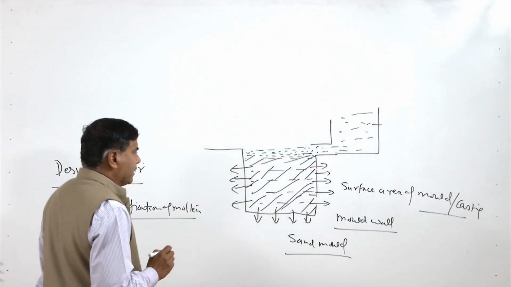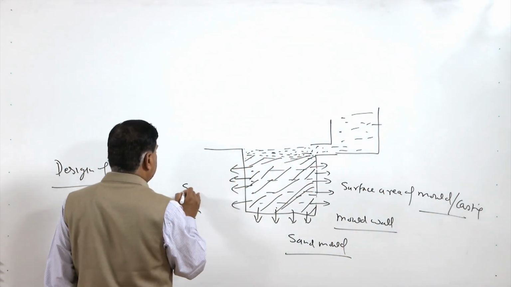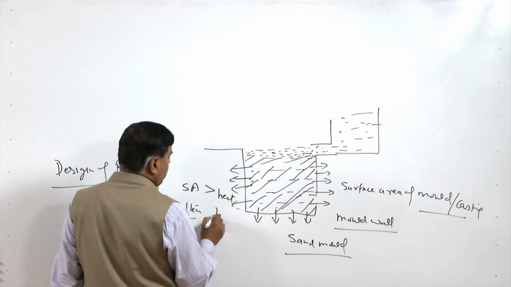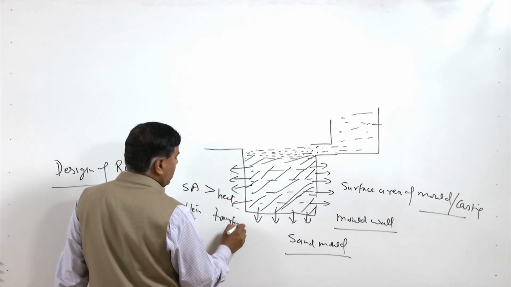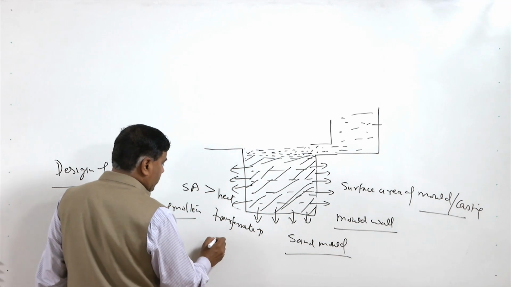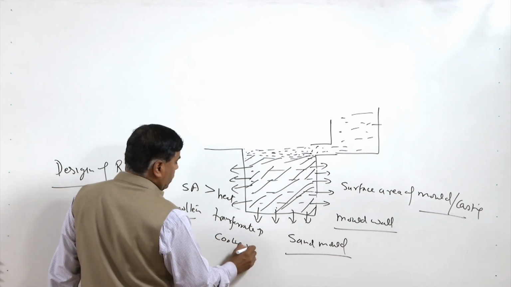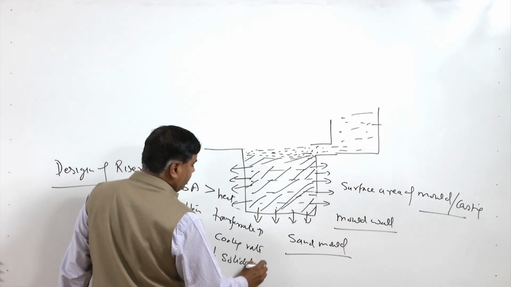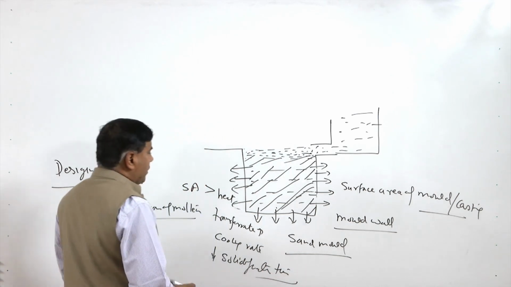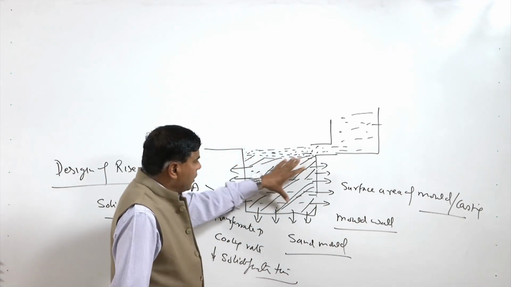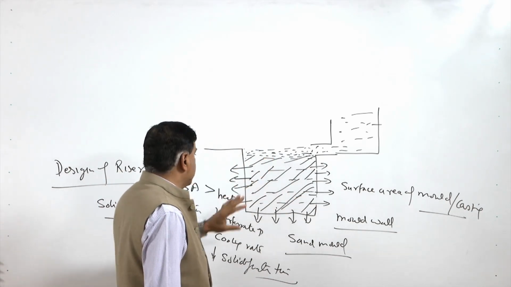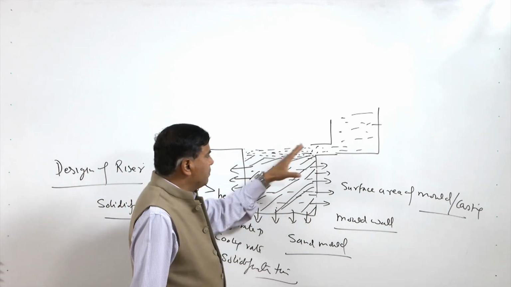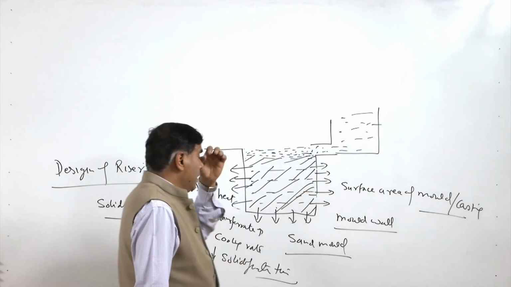The greater the surface area, the higher the heat transfer rate, which leads to a high cooling rate and so less solidification time. So, to ensure the solidification of the casting first, it is necessary that the surface area of the casting is more than the surface area of the riser.